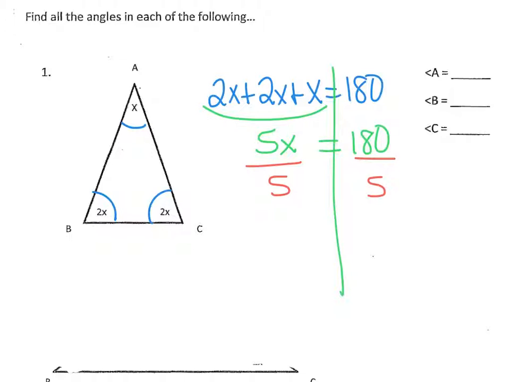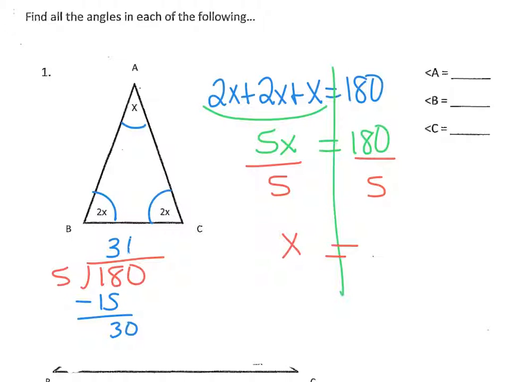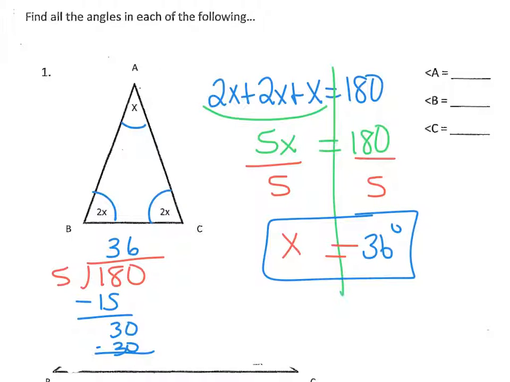Divide both sides by 5, and x equals, and if you don't know what that is, you can do your long division. 5 goes into 18 3 times, and 5 goes into 30 6 times. So the answer is 36. Then to go back and find each of the angles, angle A is just x degrees, so that's 36 degrees. Angle B is 2x, so we have to do 2 times 36, which is 72 degrees. And angle C is also 2x, so that's also going to be 72 degrees.